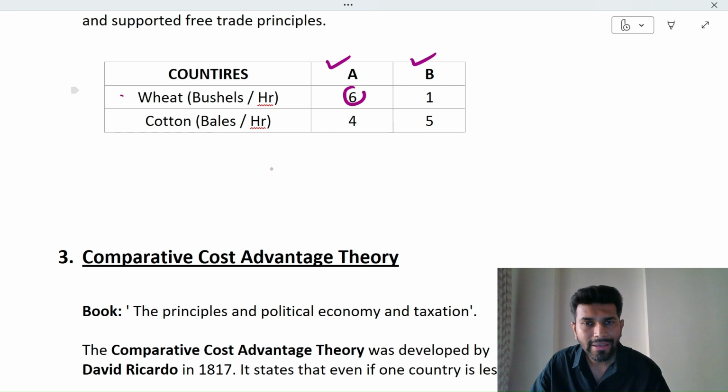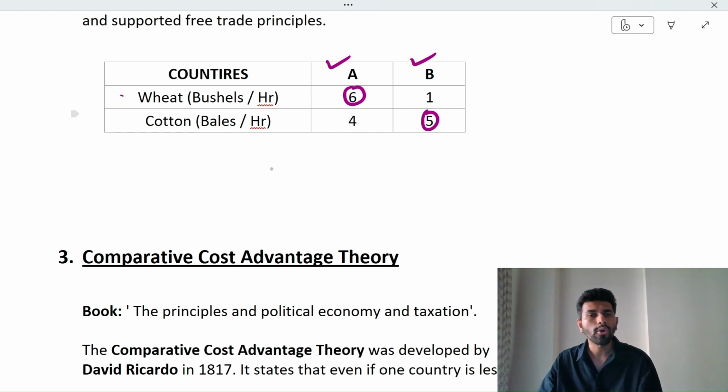So country A has an absolute advantage in producing wheat because it takes less time and produces more quantity. It produces 6 bushels per hour. Country B, on the contrary, has an absolute advantage in producing cotton because it produces more quantity than country A, that is 5 bales per hour.